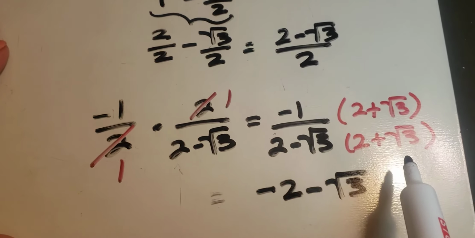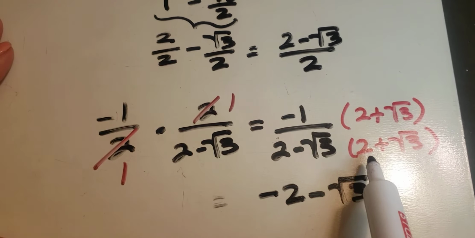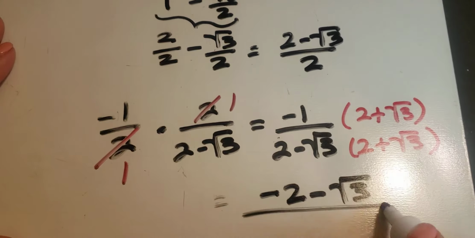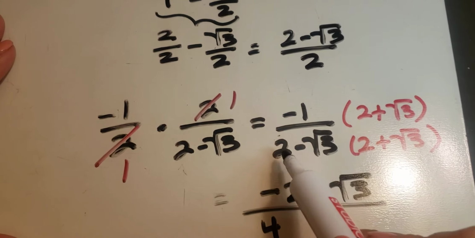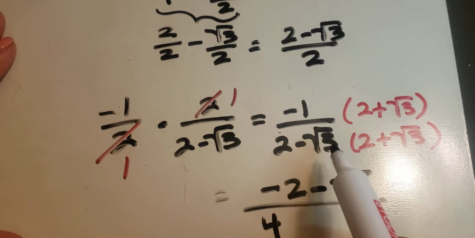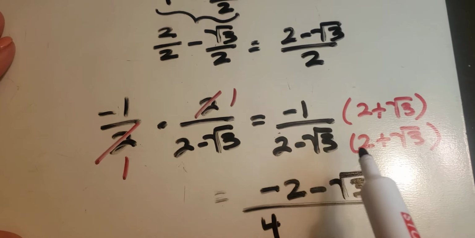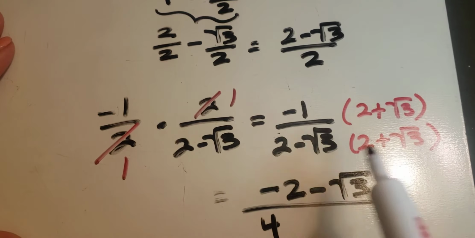And then let's do FOIL here. 2 times 2 gives me 4. Then 2 times radical 3 gives me 2 radical 3, but then when you multiply these, they are opposites, so your outer and your inner will just cancel out.